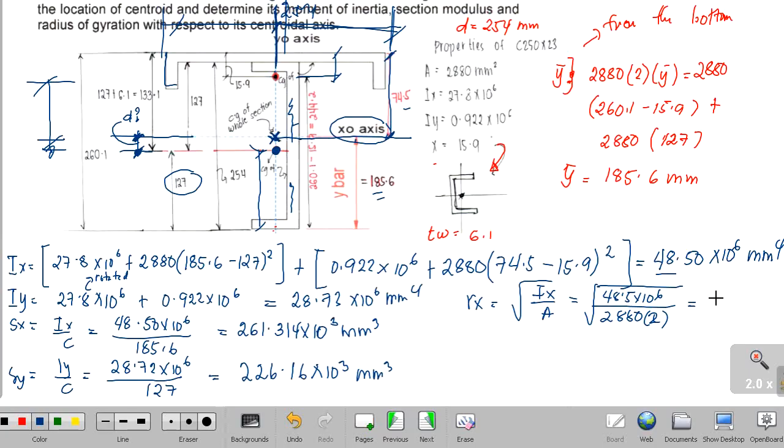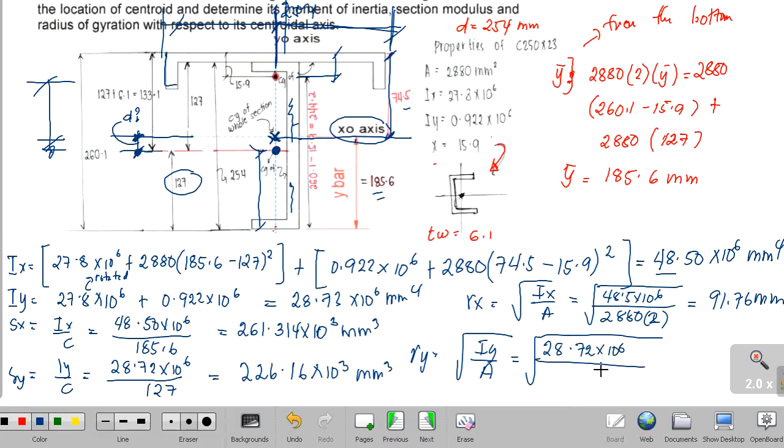Our rx now is equal to 91.76 mm. And ry is equal to the square root of Iy over A, that is the total section. Substituting Iy, 28.72 times 10 raised to 6, and our area is 2880 times 2. Our value now for ry is 70.61 mm.